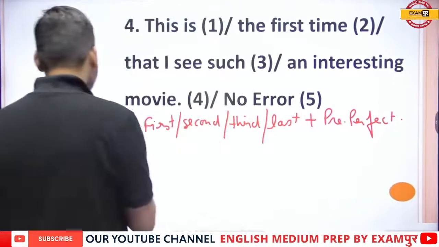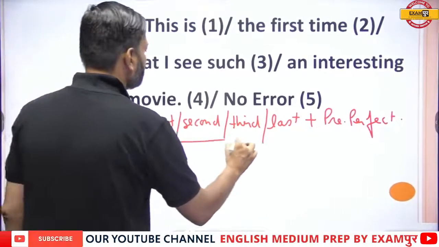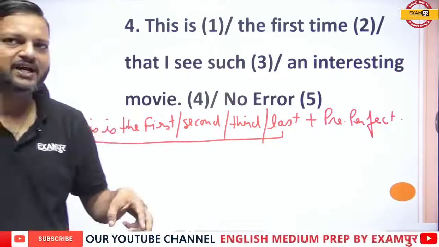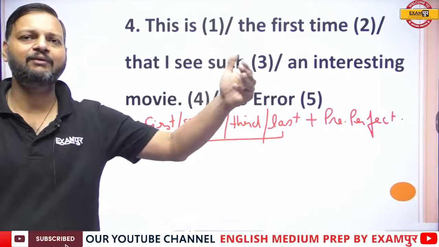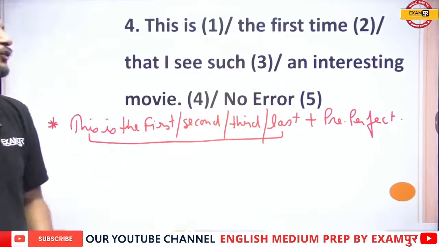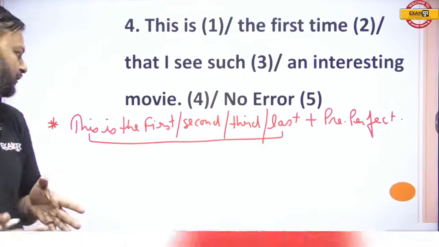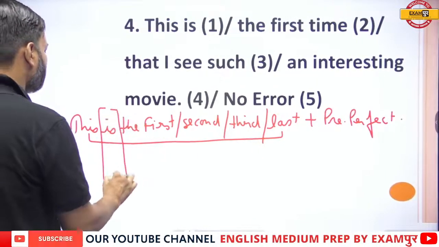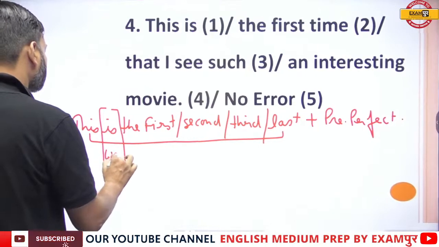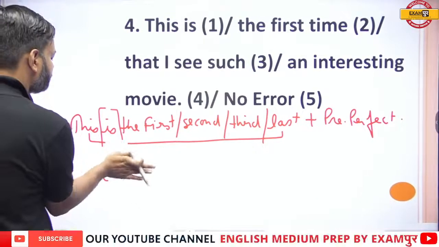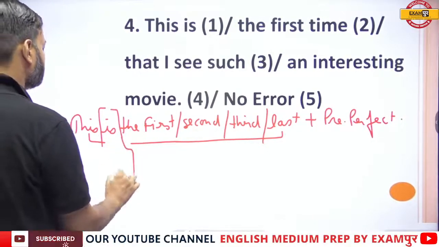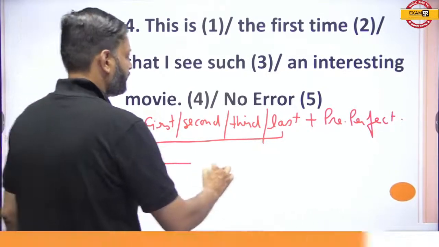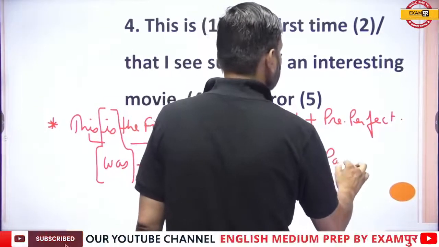Whenever a sentence starts with this phrase, this is the first time or second time, third time, and so on, the tense would always be present perfect. And in case there is was in place of is, the tense would be past perfect.